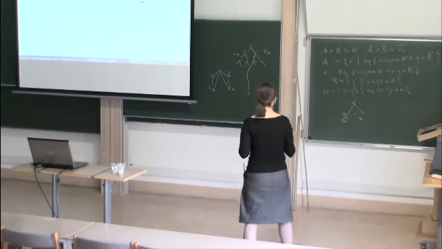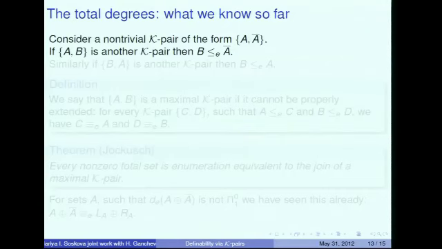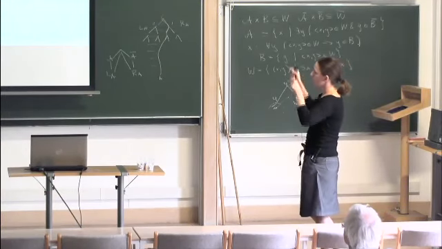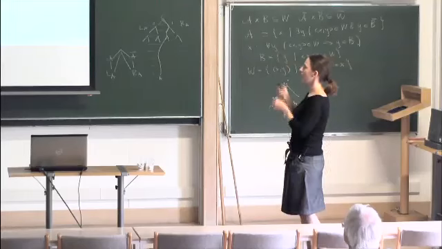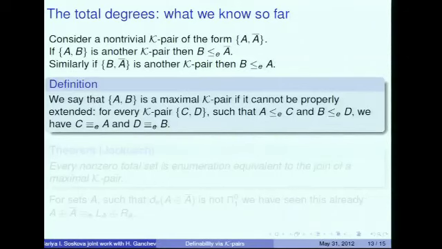Now, using the property that we showed here, it follows that if you take another k-pair A, B, then B has to be reducible to the complement of A. And similarly, if B and the complement of A is another k-pair, then B has to be reducible to the complement of A, which is A. So k-pairs of this form are maximal in the sense that you cannot properly extend them on both sides to get a higher k-pair. So call k-pairs which have this property maximal k-pairs.